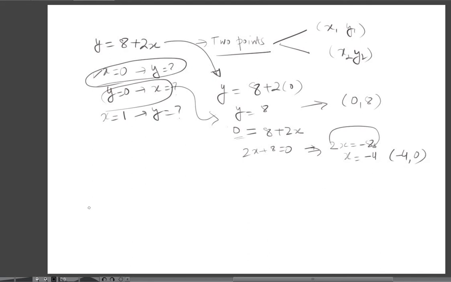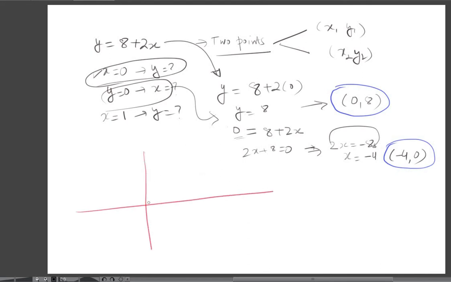Now I have two points, two coordinates. I'm circling them in blue. So these are the 2 points that I have. And what I will do is try to plot these 2 points on the Cartesian plane.